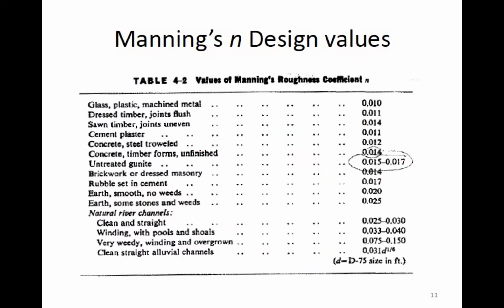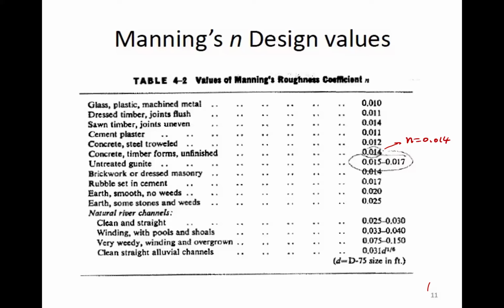Now, how does this value of n change? So there's a lot of data available, measurements and observations and so on for the value of n. And typically, if you know the type of surface that you're looking at, you can get a good estimate of the Manning n value for that stream. For example, for concrete, 0.014 is a typical number.